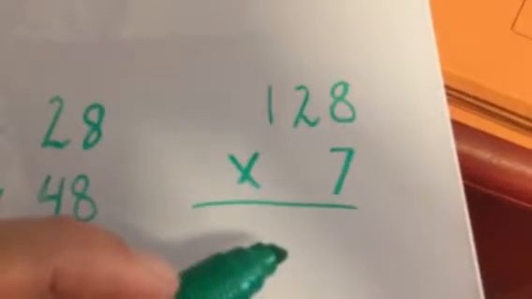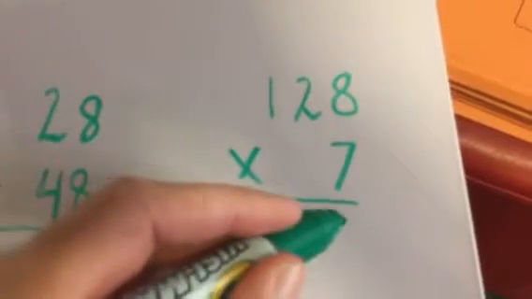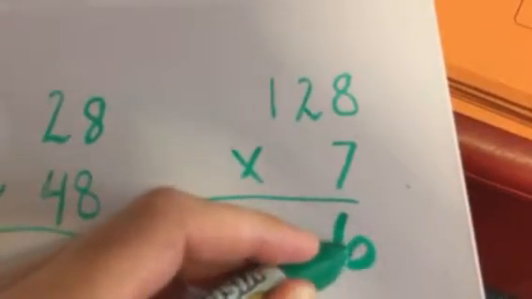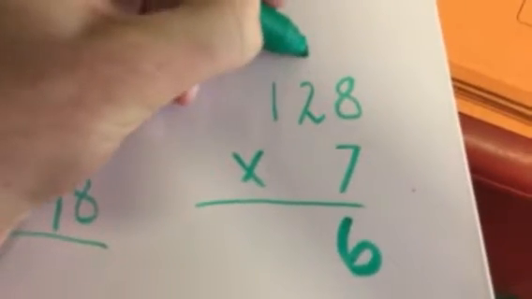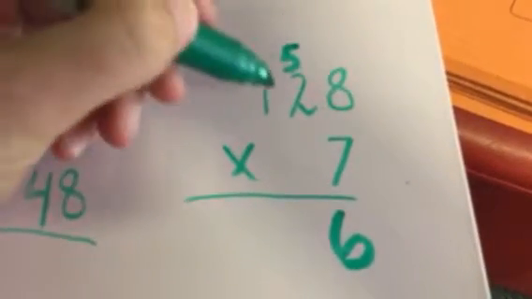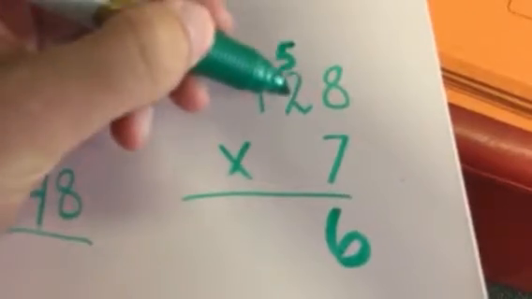So 7 times 8 is 56, put down the 6 because it belongs in the ones, carry the 5, the 50, and it makes sense that that would come over to the tens column.